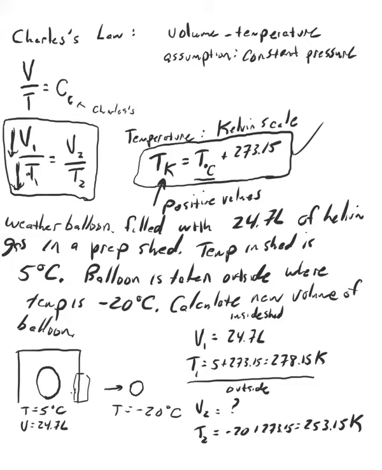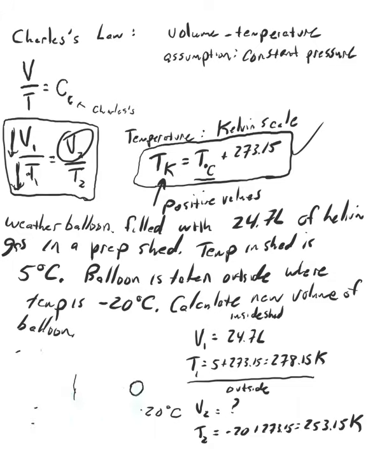Now it's just a matter of doing the algebra. We want to find V2. So I'm going to rewrite this over here: V1 over T1 equals V2 over T2. We just want to isolate V2, so we need to get T2 to the other side. Just multiply both sides by T2. So V1 over T1 times T2 would be equal to V2, right?